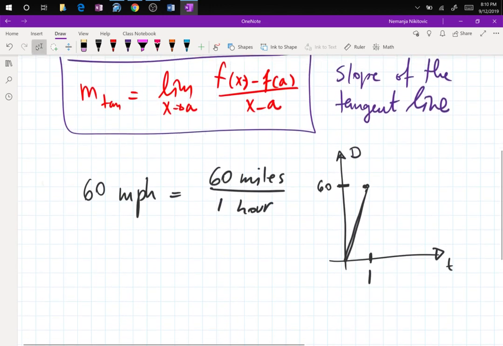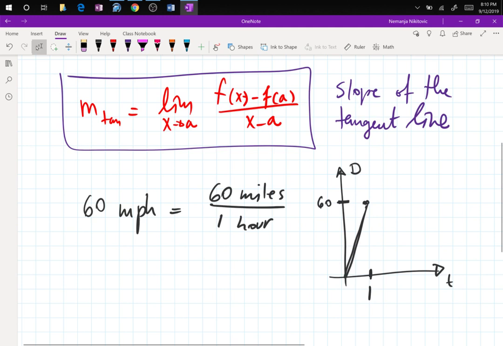Now, we really don't want to compute this formula, right? Can we make this easier? The answer is yes, we can.